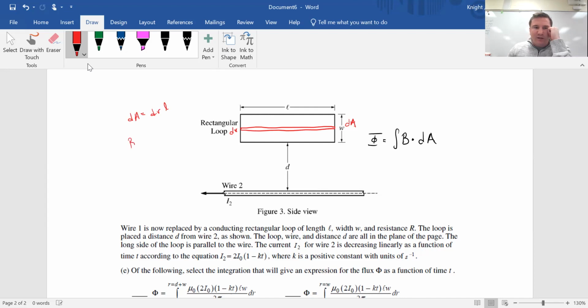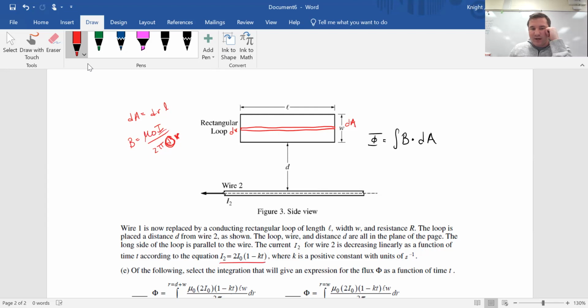Let's talk about B, right? B is equal to mu naught I over 2 pi D. Again, we said D is a constant value. Right now we don't have constant. So I'm actually going to replace this with R, right? Which is the variable radius that we are away from our wire. So mu naught I over 2 pi R. And the last kind of substitution we need to make is this I is not fixed, it's variable.